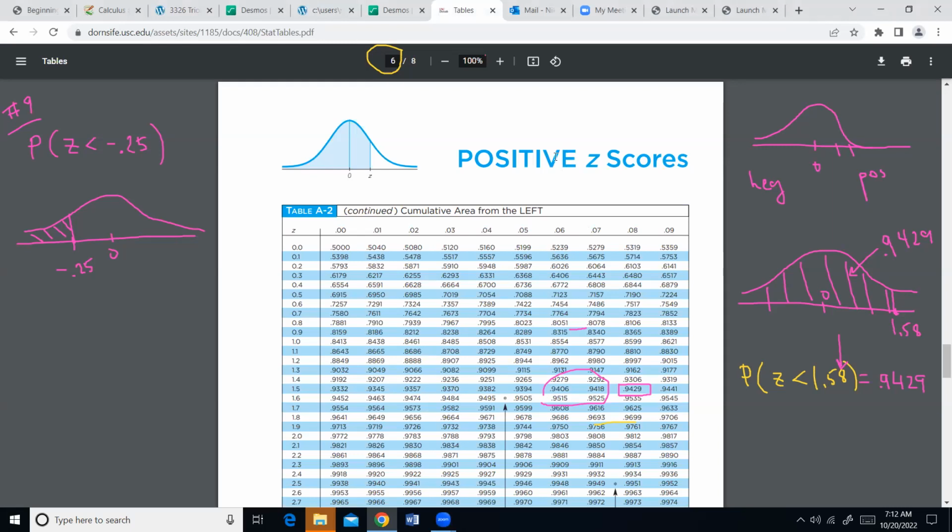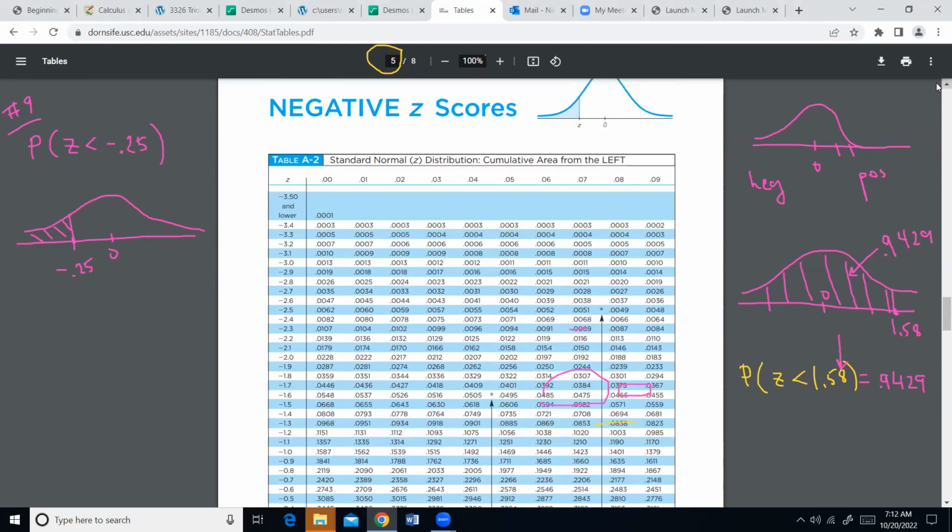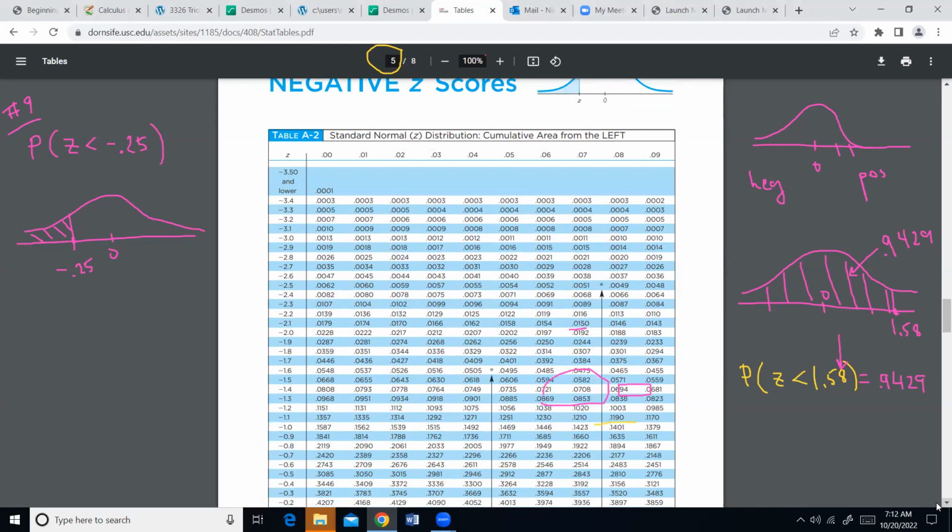So first of all, this is positive z-scores. That's not what I need. I want to go up where I see negative z-scores. So I need to see where the negative 0.2 is. It looks like on the very bottom, I can see that negative 0.2 for the row.